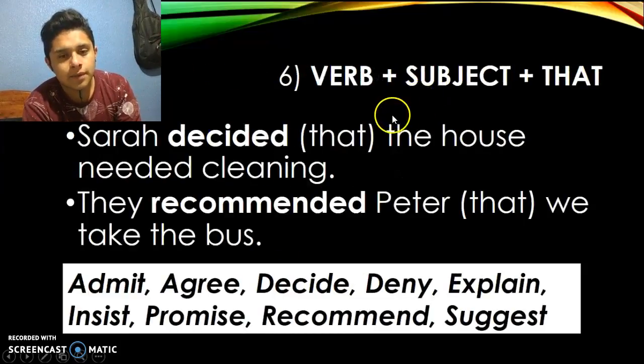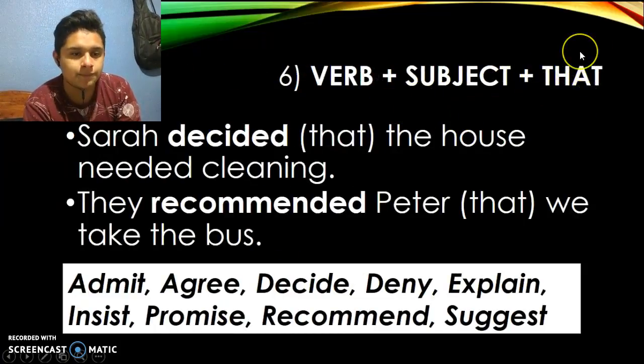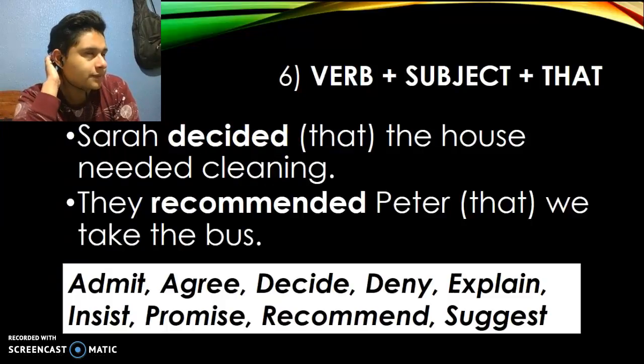And the last one is verb plus subject plus that. Well, the examples are: Sarah decided that the house needed cleaning. They recommended Peter that we take the bus. As you can notice in the first example, there is not a subject, but we can use it as well.